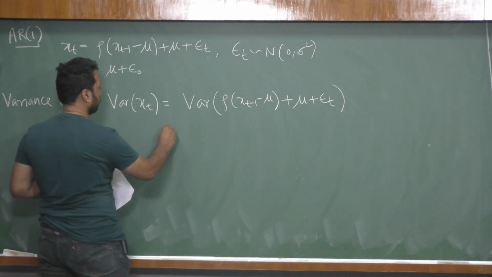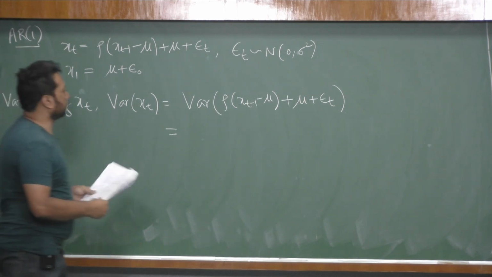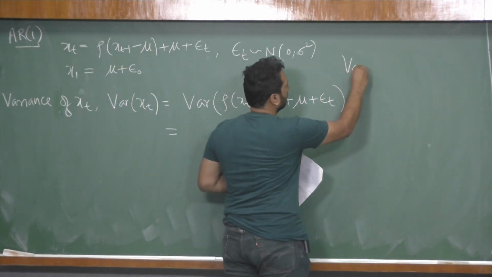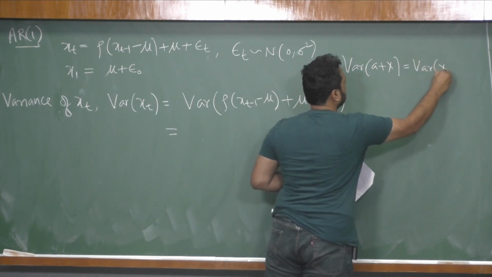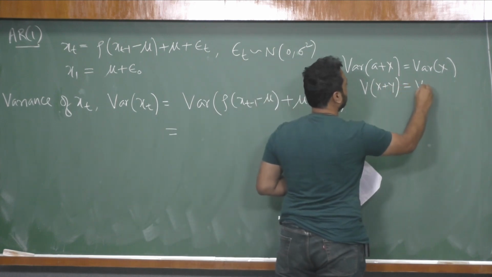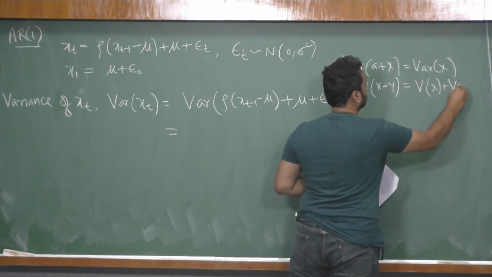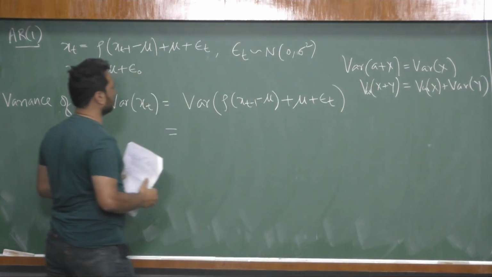Now, in a variance, constant terms drop. So the variance of a plus X is the variance of X, and the variance of X plus Y, if X and Y are independent, is the variance of X plus the variance of Y. These are the two results that we may use.